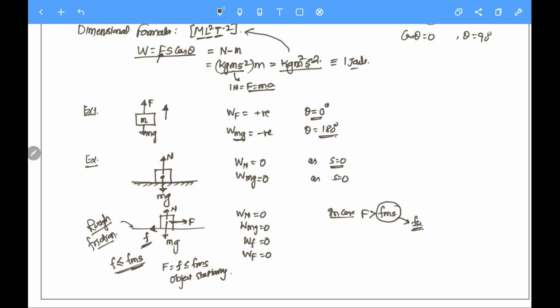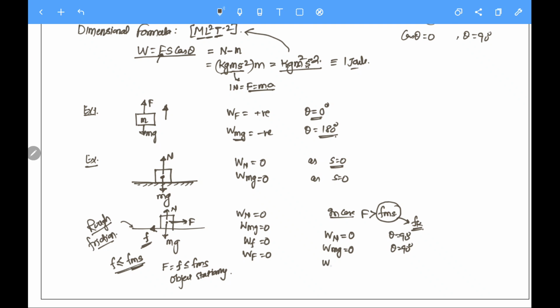In this case, work due to the normal force will still be 0 because displacement is in the perpendicular direction to the normal. Theta is 90 degree, therefore work due to N, the normal force, will be 0. Similarly, work due to the weight will also be 0 because again theta is 90 degree.